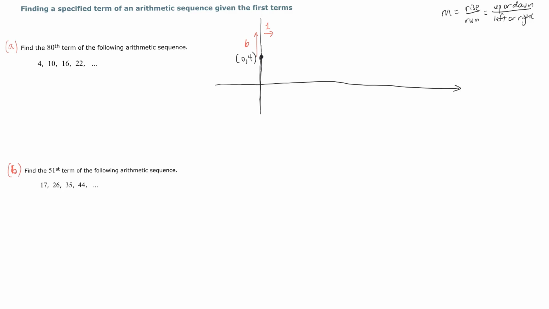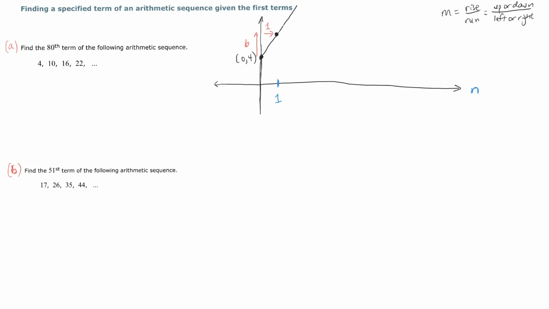And I could put another dot there, right? And if I went right 1, that means this unit here is 1. And this is the n-axis. So here's a straight line.